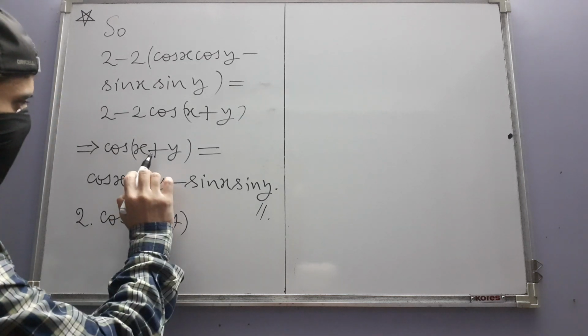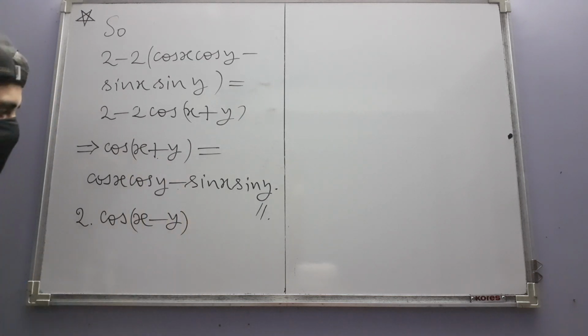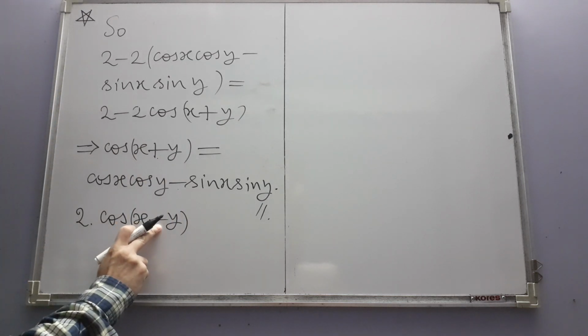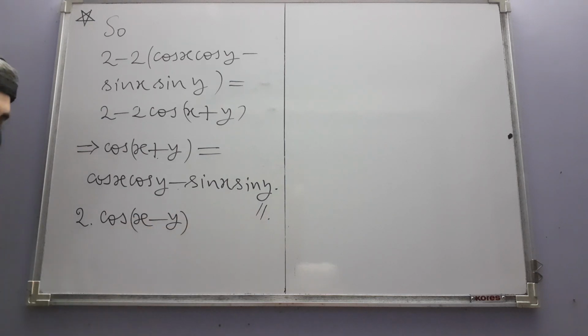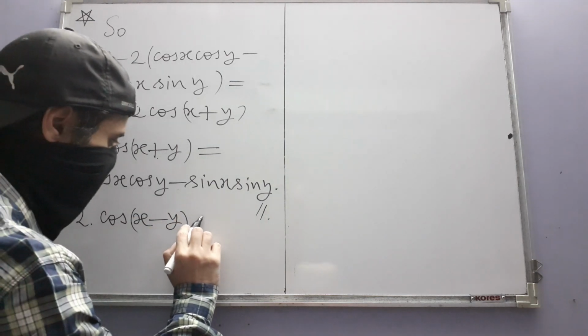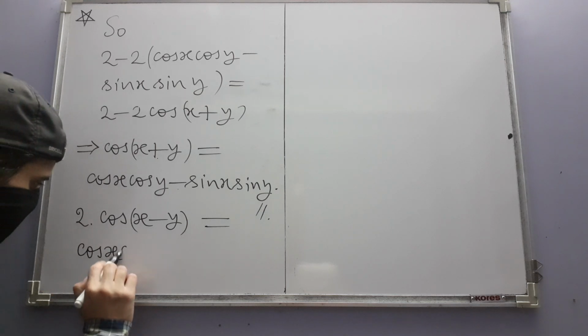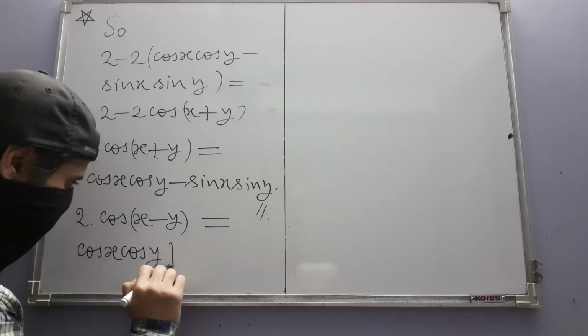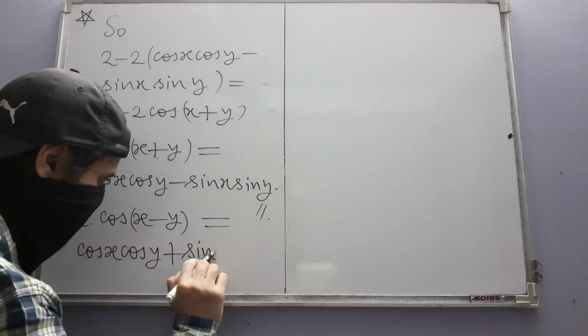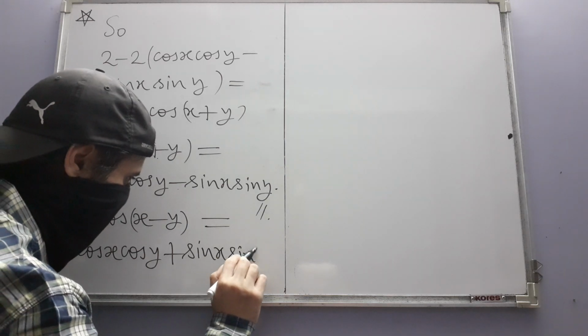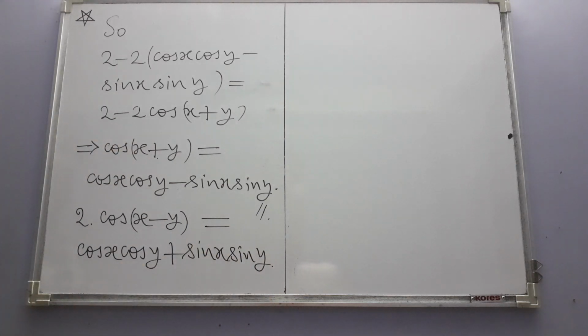You may see that when you have a plus here, you have minus. Here you have minus, so the corresponding formula will have plus in the middle. Cos x cos y plus sin x sin y. But let's prove this.